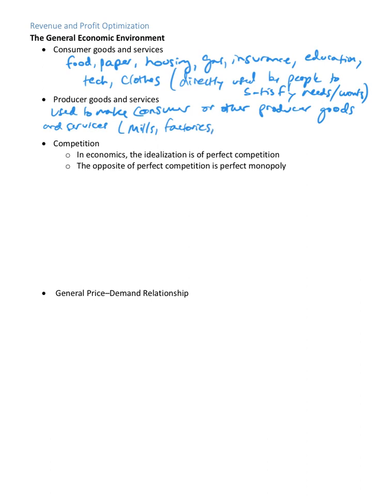Now, these are distinguished from producer goods and services, which are used to make consumer or other producer goods and services. So this might be things like mills or factories or equipment or trucks.